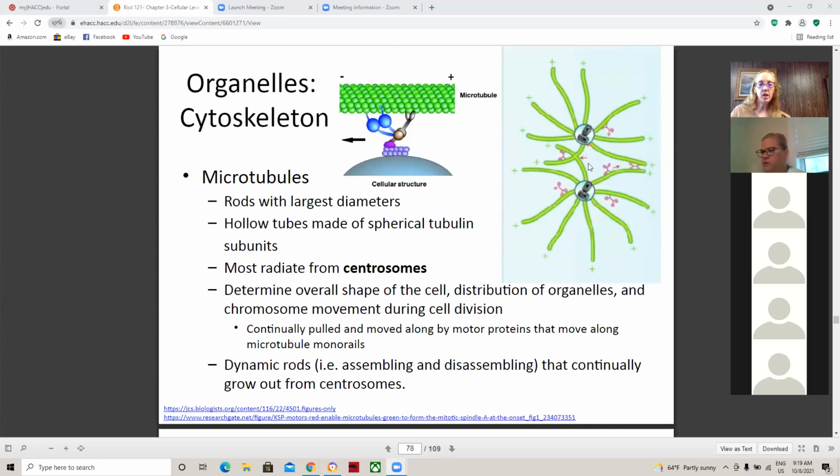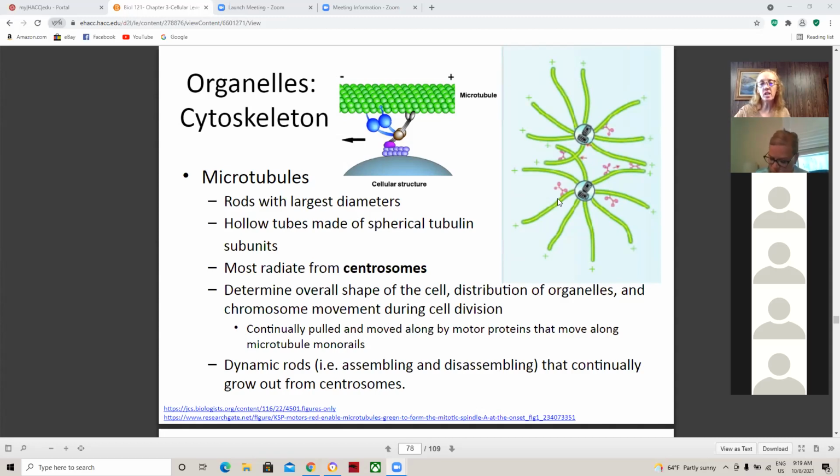Microtubules, the ones that are made of tubulin, are the rods with the largest diameter. They radiate out from what are called the centrosomes, which are another organelle. They determine the overall shape of the cell and distribution of organelles.